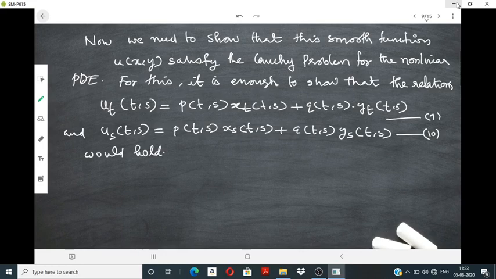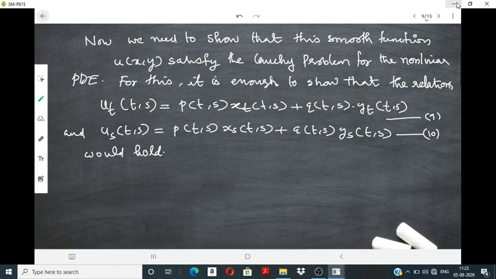So we have to show that these two equations hold. Now look at the first equation: ut is equal to p of ts into xt plus q of ts into yt.